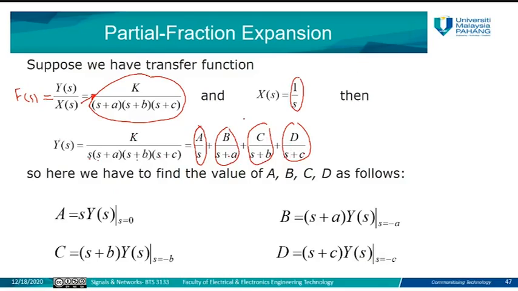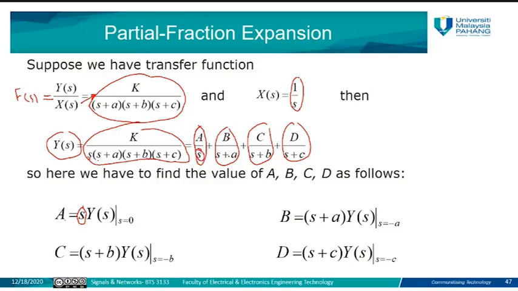Now I split this function into these four simple parts. What I need to do is, I don't know the value of A, B, C, or D. So my task here will be to calculate these magnitude or gain values using this formula. When I want to find any of these gains, the value of A is equal to s times Y(s), the original function, which is this one, times its denominator.